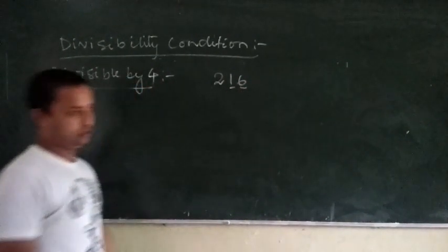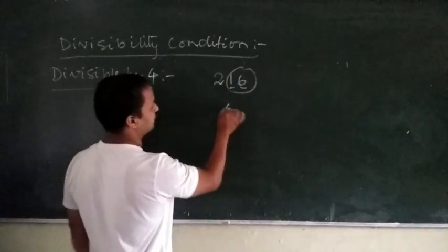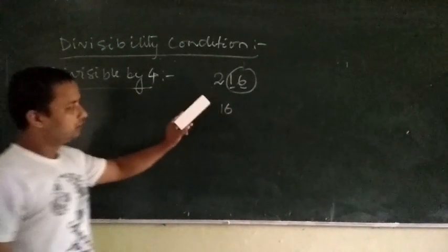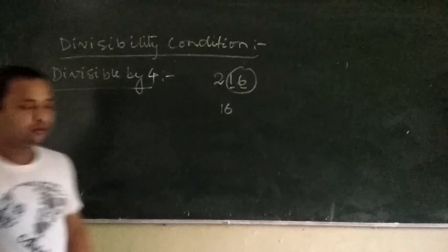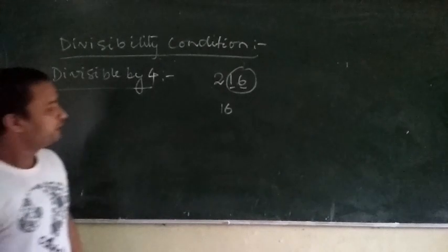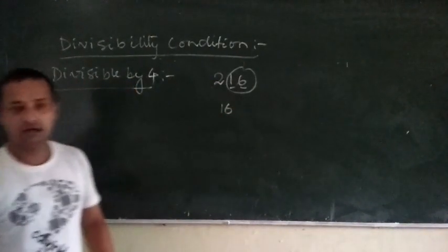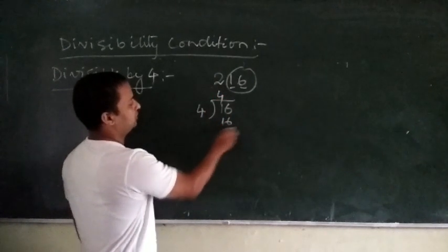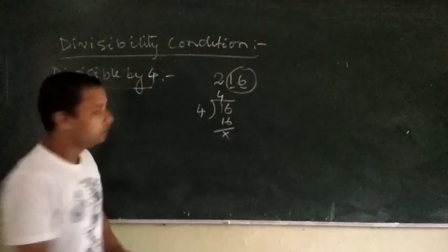Here 6 is in the unit place and before it is 1, that is 16. Now you have to see whether 16 can be divided by 4 or not. If the number formed by the last 2 digits is divisible by 4, then the number will be divisible by 4. Okay? 16 is divisible by 4, so 216 is divisible by 4.